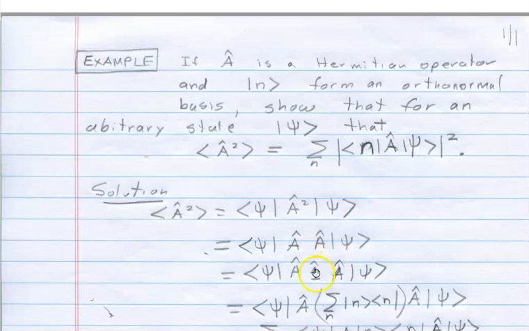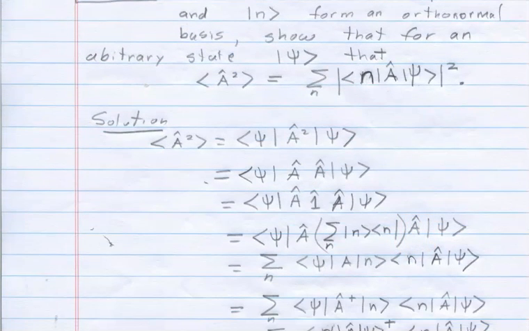That doesn't change anything. The form of the identity operator I'll choose is the one that comes from this complete orthonormal basis, and that identity operator is just the sum over all of these of this ket-bra product, outer product.